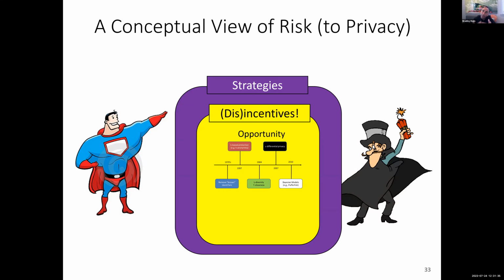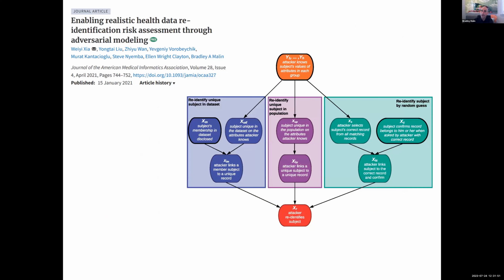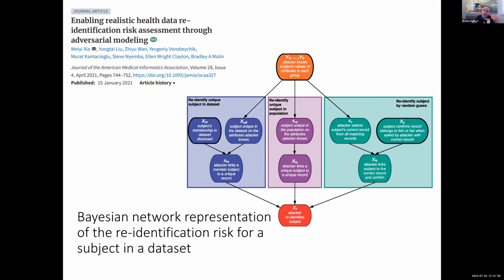Once you represent all the things that you can do to the data or to the environment, that allows you to think of this more strategically. And if you can model strategies, then you can model the entire process of access and data distribution. This is what we talk about in a paper that came out a couple of years ago, where we modeled the different ways in which the system can be exploited as one Bayesian network.